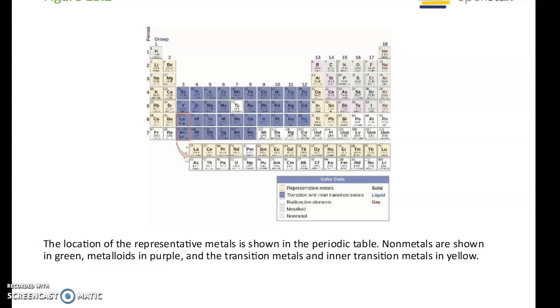This one is a particularly good example because it's color-coded in terms of the background color. The representative metals are groups 1 and 2. The transition or inner transition metals are 3 through 12.